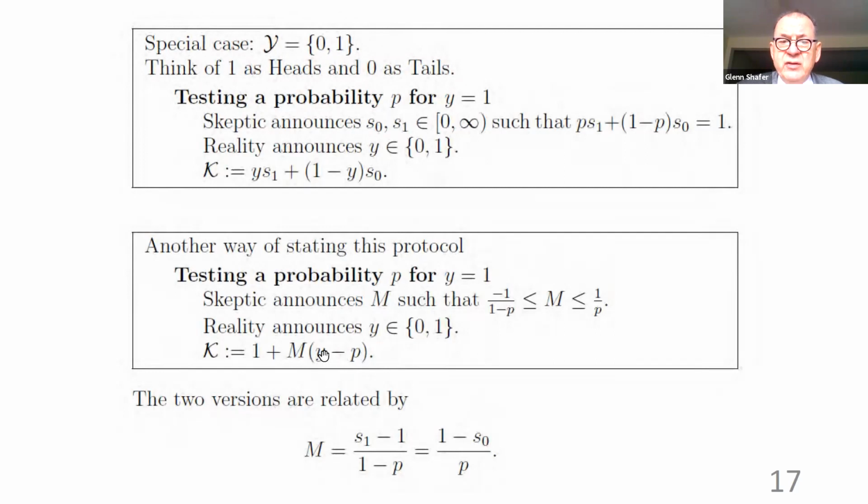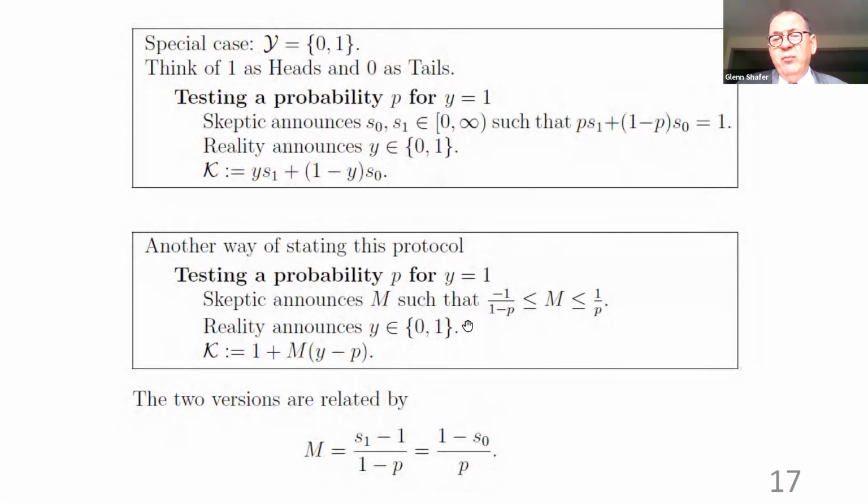If Y is 0, this is minus P, it's negative. So choosing M positive means you're betting on the outcome heads, but you can make M different amounts, and that means how much of your money you're betting that time. Similarly, if you choose M negative, then you're betting that Y will be equal to 0, or you're betting on tails.